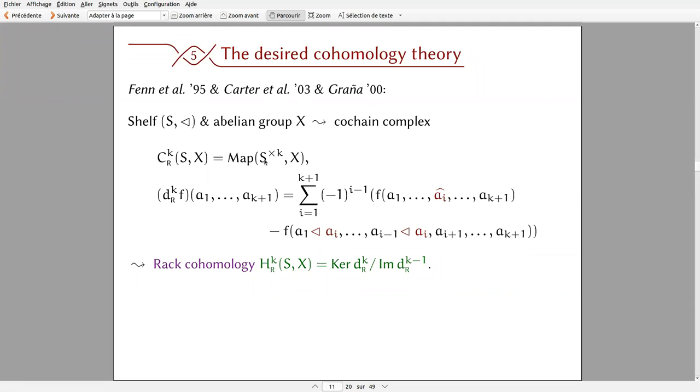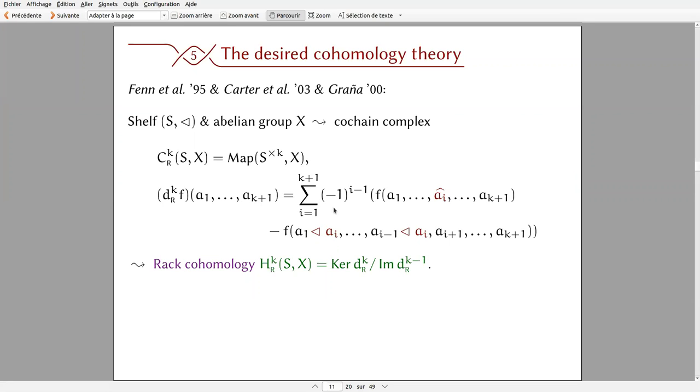In degree k, you just take all the maps from the kth power of your set S to your coefficient group X. And the differentials work as follows. You take a map f which takes k entries, and you need to produce a map which takes k+1 entries.